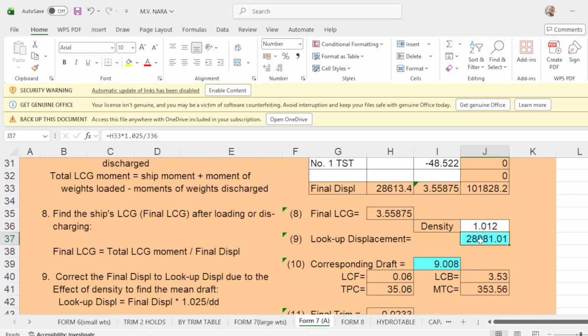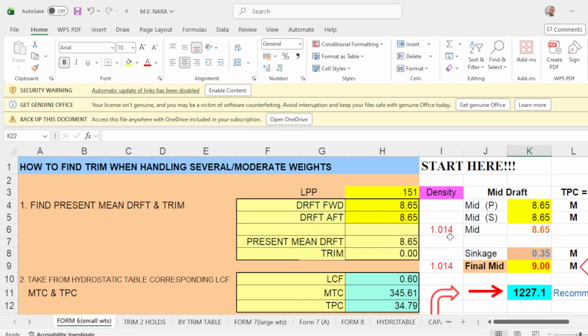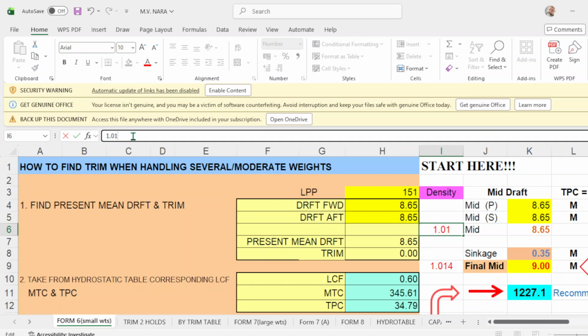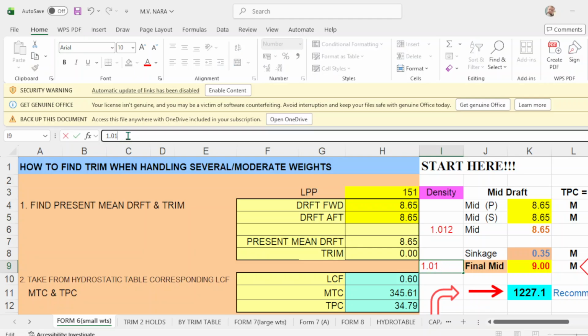apply the density of your final completion of loading, which is this one. This is 0.012.